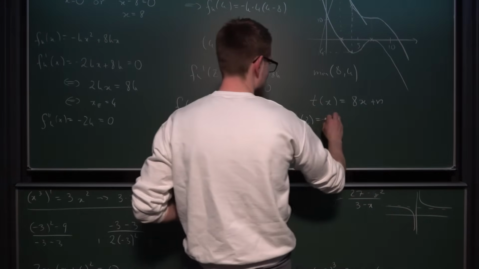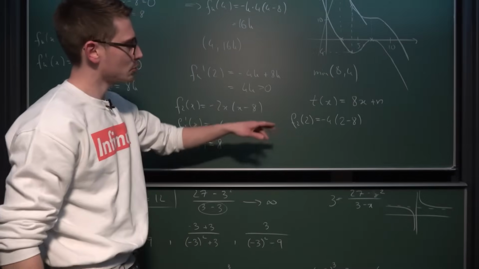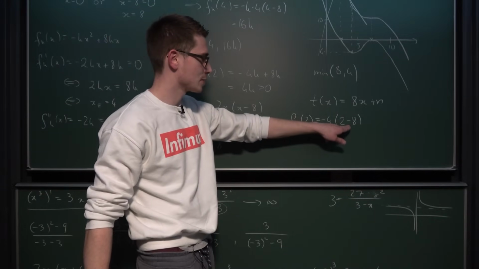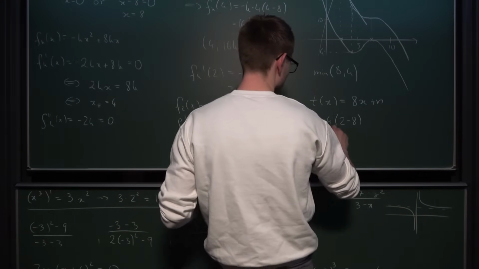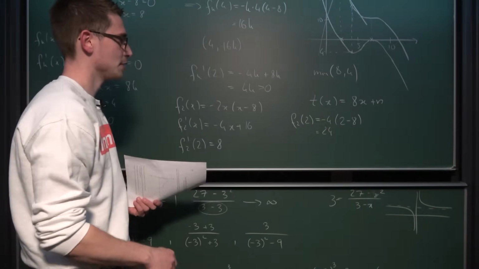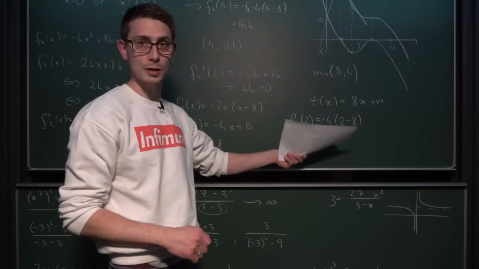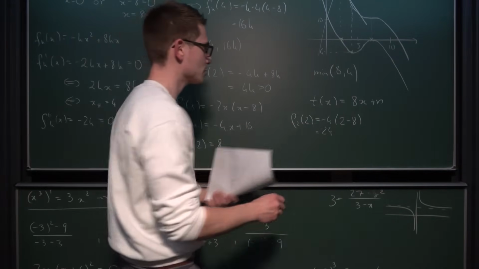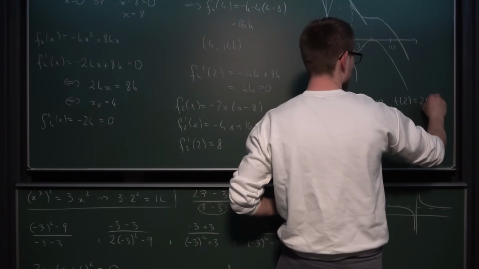What we are going to get is negative 4 times 2 minus 8. This right here is negative 6. We are going to get 24 out. I think, yeah, 24. So we know (2, 24) is what they are sharing, and now we can plug this into here. So t of 2 is going to be equal to 24.